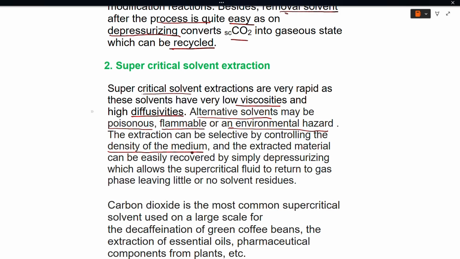We can control the density of the medium, and the extracted material can be easily recovered by simply depressurizing, which allows the supercritical fluid to return to the gaseous phase, leaving no solvent residues. That is very important. No solvent residues in the extracted material, which is not the case with organic solvents.